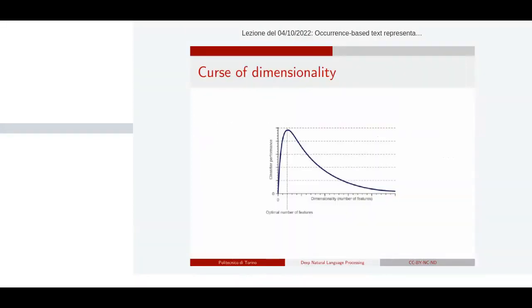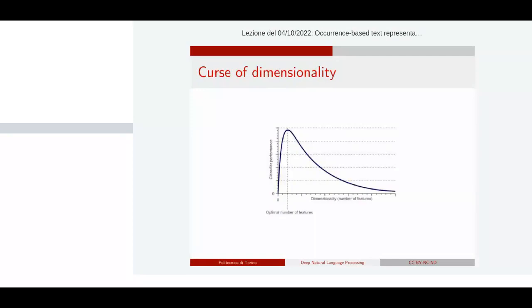So here is the problem. In most NLP scenarios, you are very likely to incur a curse of dimensionality issue, because the number of features is impressive. Even if you consider just single words or 2-grams, you have an impressive number of combinations.